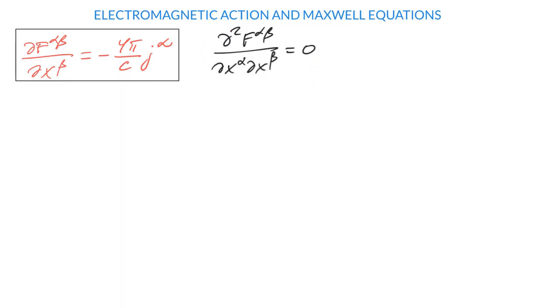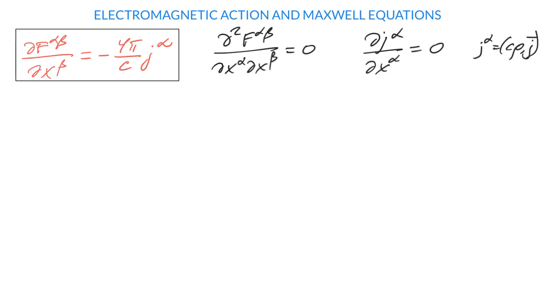And on the right-hand side, we'll find dj alpha by dx alpha equals 0. This is a 4 divergence of the 4 current vector. Because we know that j alpha in components is c rho and j, in conventional notation, this expression here will give us the continuity equation.